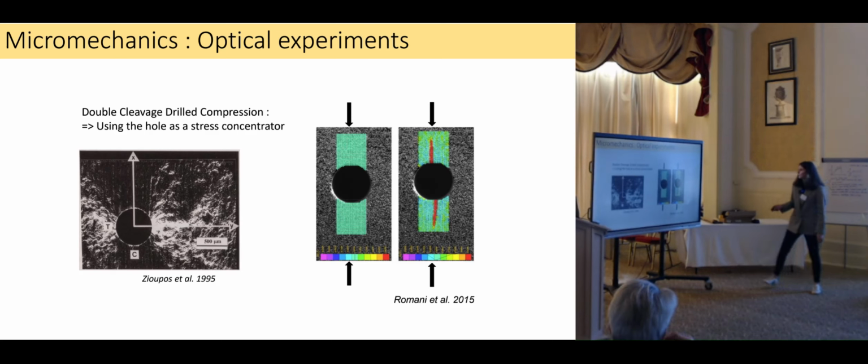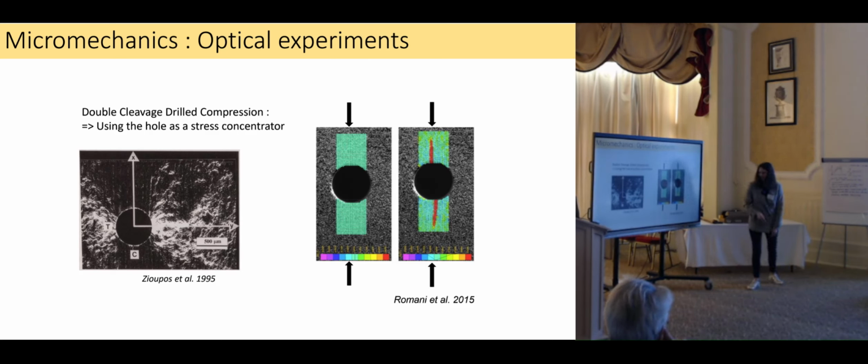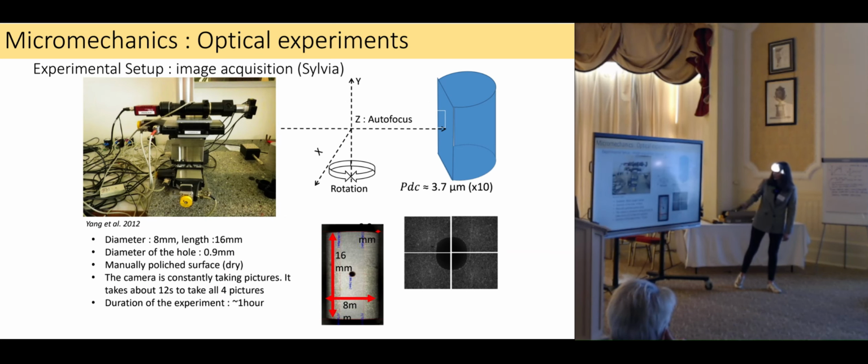And we made a hole in the center in order to concentrate the stress and to know where we should look. If you deform an isotropic sample, you're going to have the localization of your fracture at the tip of your stress concentrator.